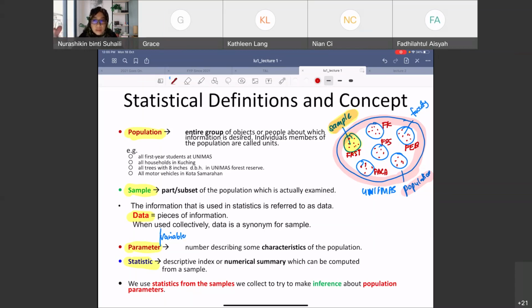So in the first place, it should cover all the faculties, and the number of samples should be reliable. Even if you have all the faculties, but for each faculty you only analyze maybe 10 students, it's not enough to conclude at the end.